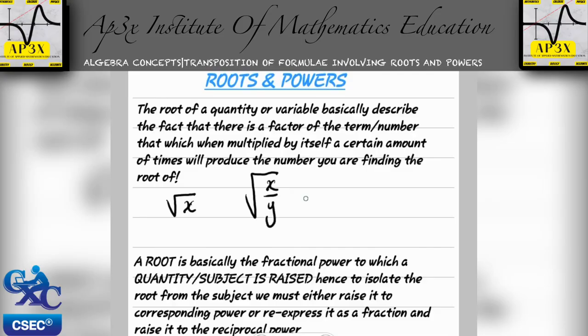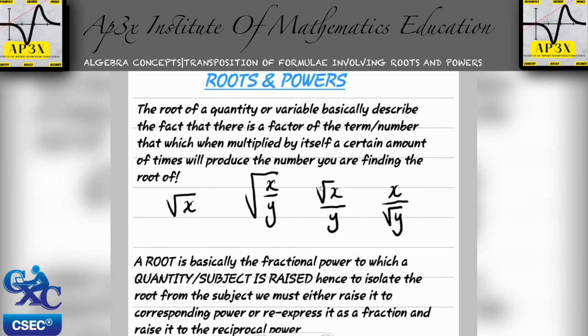Or, funny enough, it could be the square root of x divided by y, or it could actually be x divided by the square root of y. So here we have just the square root of a single quantity. Here we have the square root of an entire fraction.